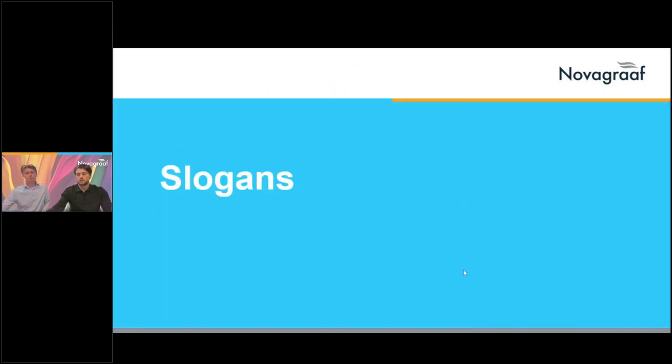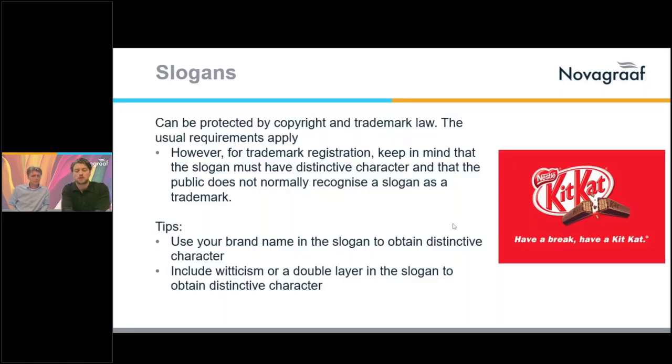Then next up, slogans, which are in themselves, as mentioned before, no real intellectual property rights, but still a topic of interest, and therefore some explanation on it. We know that slogans can be protected by copyright and trademark law, and just note that the usual requirements apply.